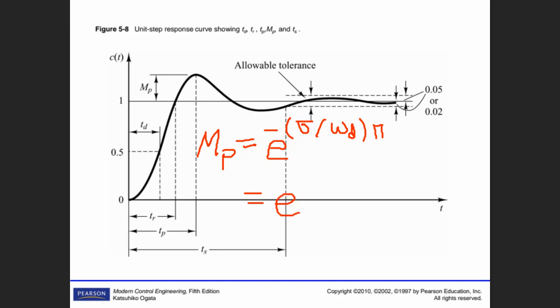which is equal to e to the minus, same thing, of course, we know the relationship between sigma and omega d, minus zeta over square root of 1 minus zeta square times pi.